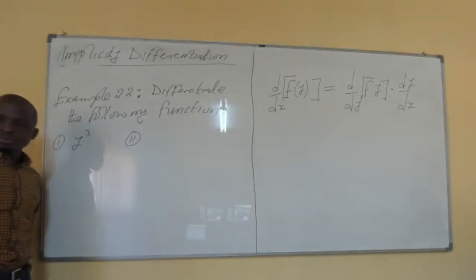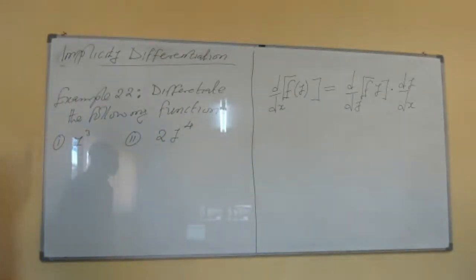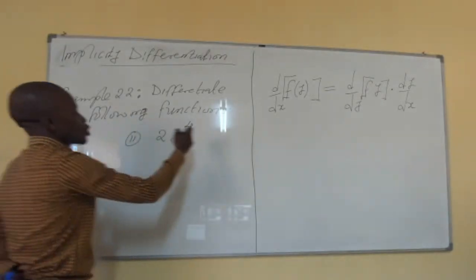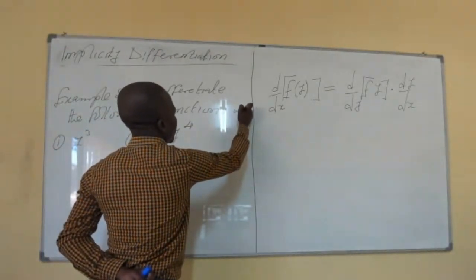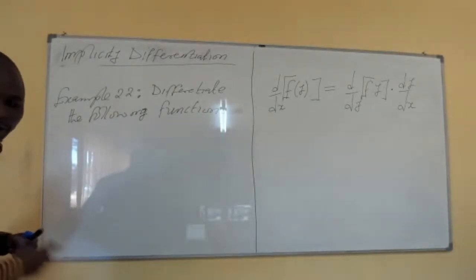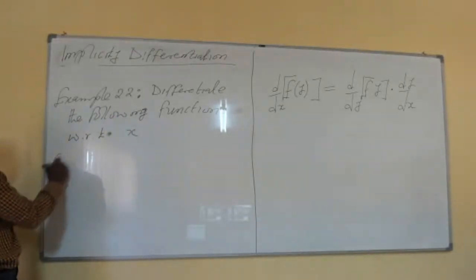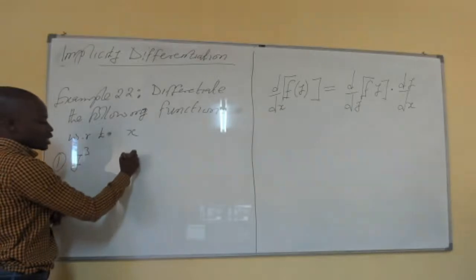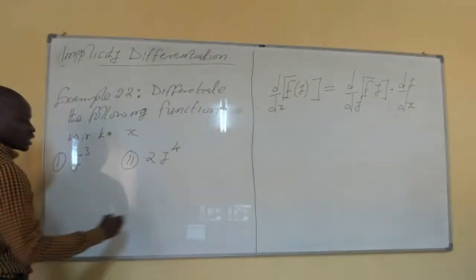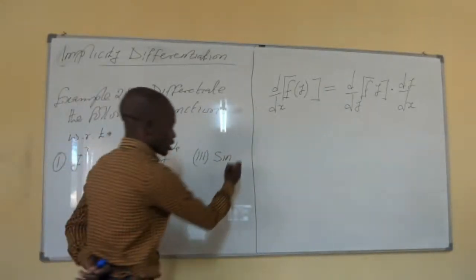The second one is 2y to the power 4. And the third one is the sine of 3t. We are differentiating these functions with respect to x.